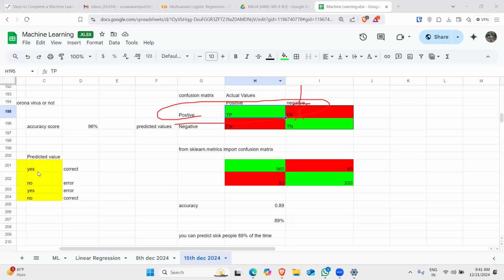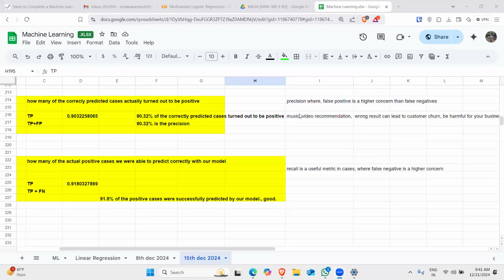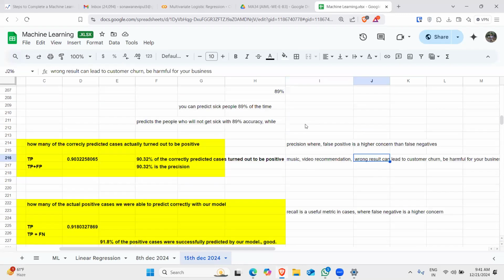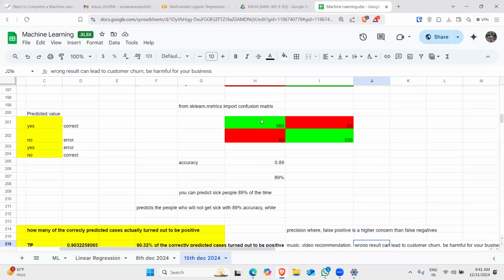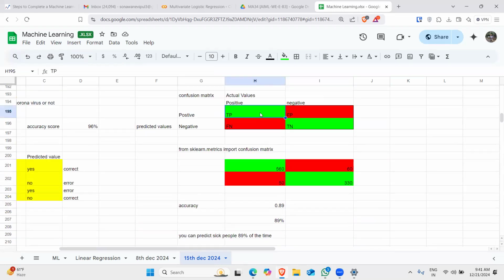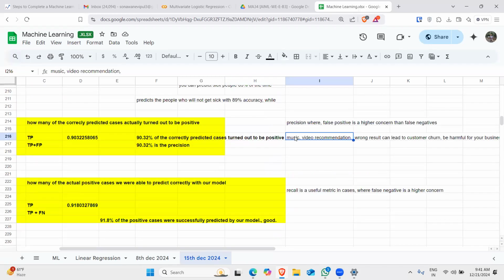We are worried about out of positive predicted, how many are the correct predicted. So precision is important in that scenario where, out of the positive predicted customers, this one is correct, and we are interested to target this. So that is your scenario.